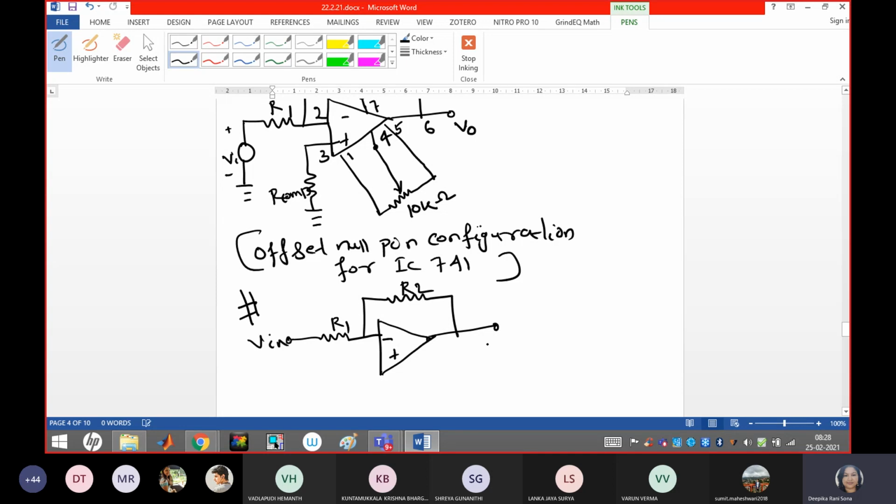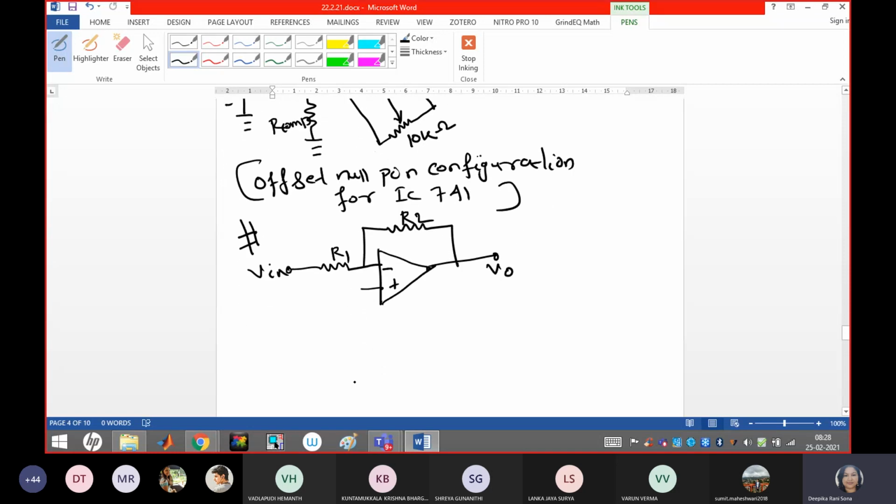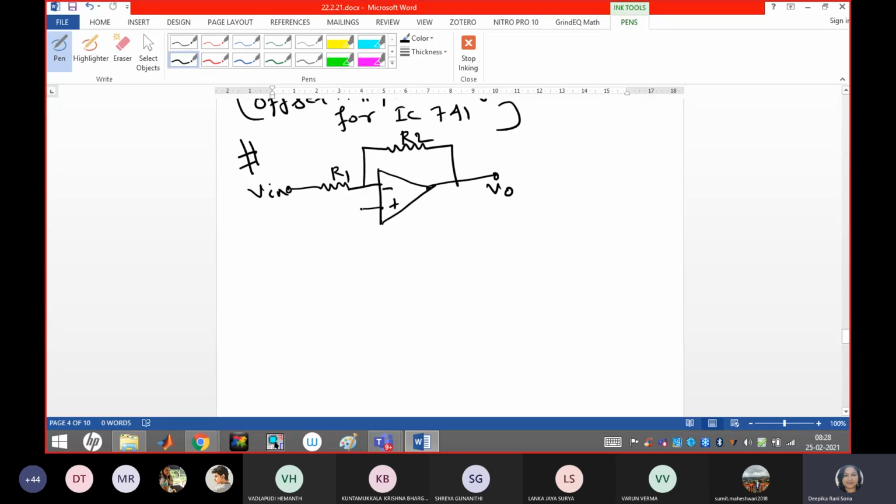Suppose Vin we are applying at the inverting input terminal. Then how do we balance this? You have to make such an arrangement. RF.